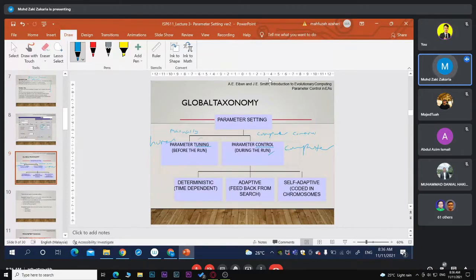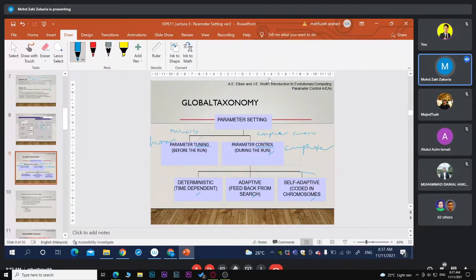And then for parameter control, we can manage it by three categories. Based on time dependent, meaning we set the time, maybe 5 minutes, we allocate 5 minutes for the computer to find the best answer. Or adaptive, meaning feedback from the search, or self-adaptive, coded in the chromosome.